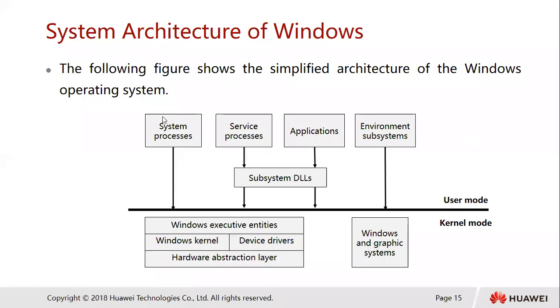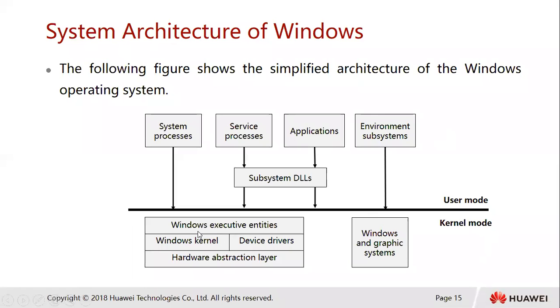These, of course, are in what we call the user mode, so they run in the user mode. Then we have the other mode, which is the kernel mode. The main operating system is here in the kernel mode.